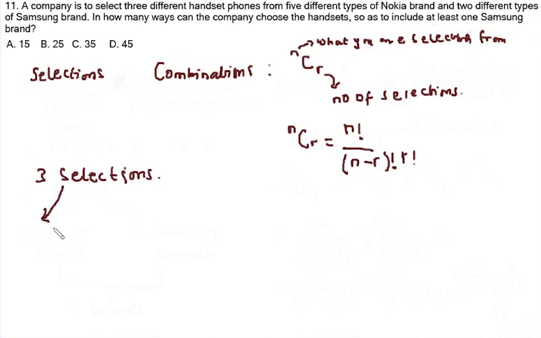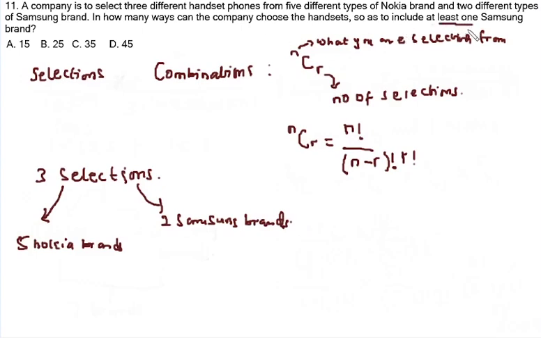So we have 5 Nokia brands to pick from, and we also have 2 Samsung brands. But then the question also tells us that we have to pick at least one Samsung brand.